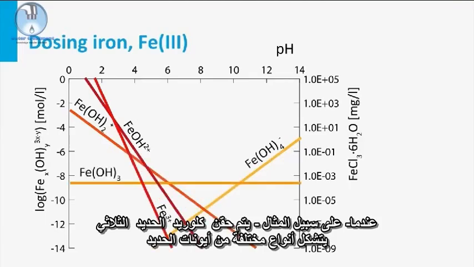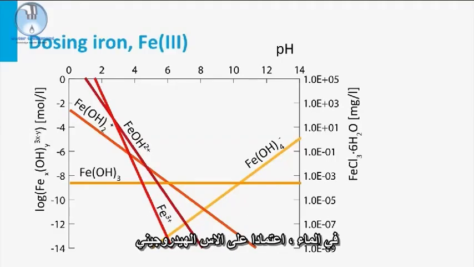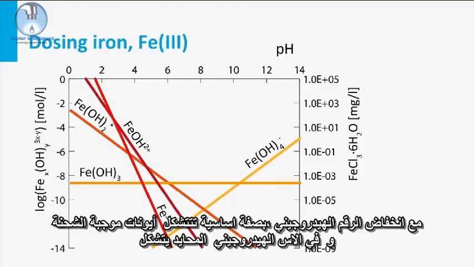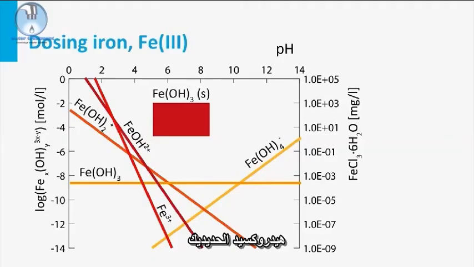When, for example, iron 3 chloride is dosed, different species of iron ions are formed in the water, depending on the pH. With low pH, mainly positively charged ions are formed, and at neutral pH, mainly ferric hydroxide is formed.